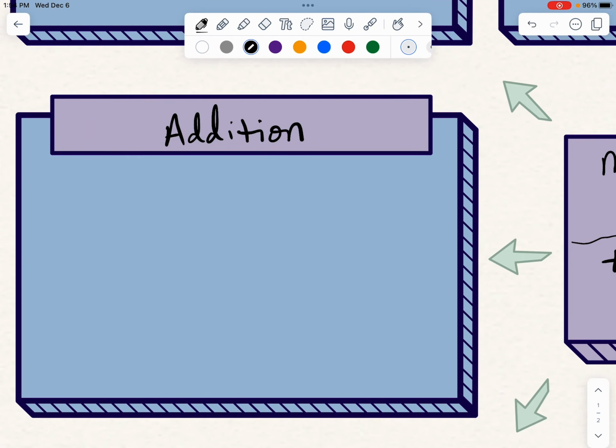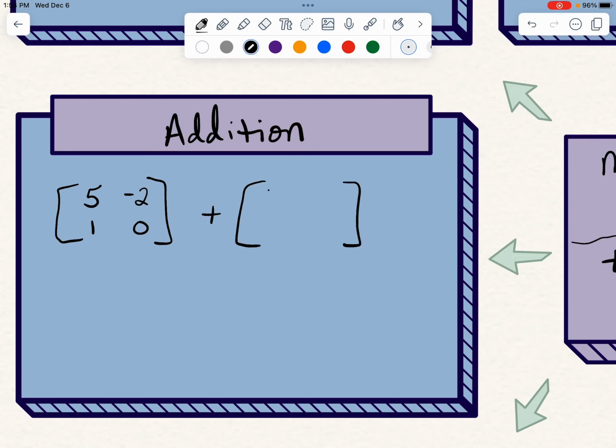All right, let's look at another example. Let's say we have 5, 1, -2, and 0 plus this matrix: 4, 8, -1, and -4.